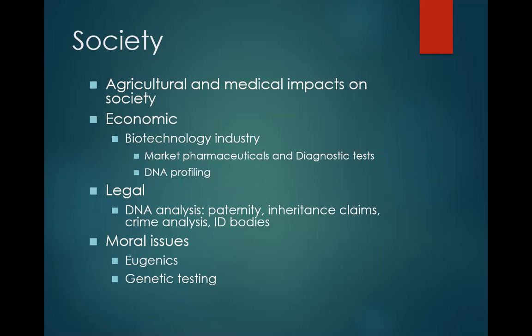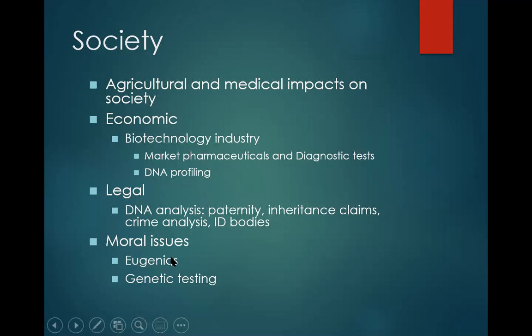Okay. In society, of course, we see this in agriculture, we see medicine, and all of those have societal impacts. In addition to that, there are a lot of economic impacts of the biotechnology industry and of the pharmaceutical industry. Legal analysis is important, so finding paternity tests, testing inheritance claims, looking for the perpetrators of crime, identifying bodies, all of those are going to use genetics.